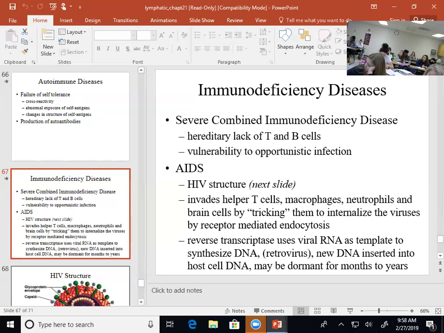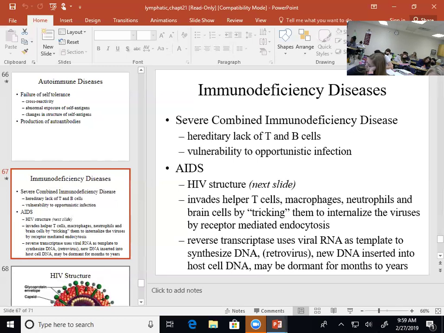AIDS stands for Acquired Immunodeficiency Syndrome. This is a syndrome. Acquired Immunodeficiency Syndrome. This syndrome is caused by, in other words, its etiology is viral. It's a viral illness that causes this.